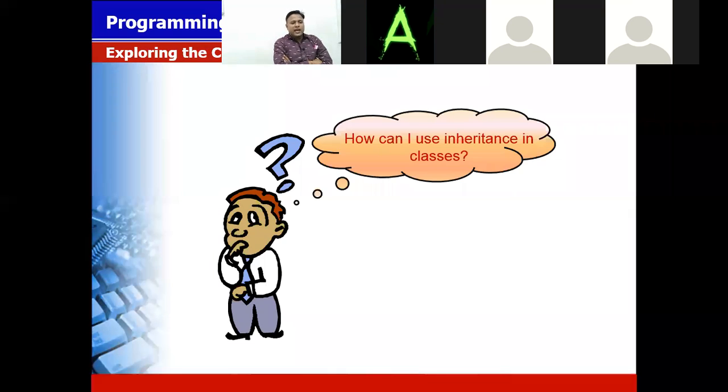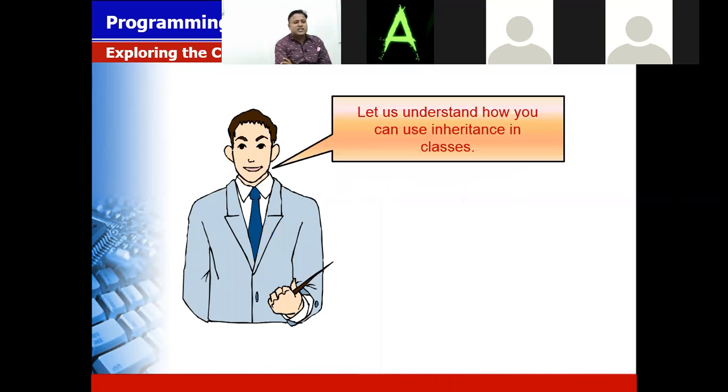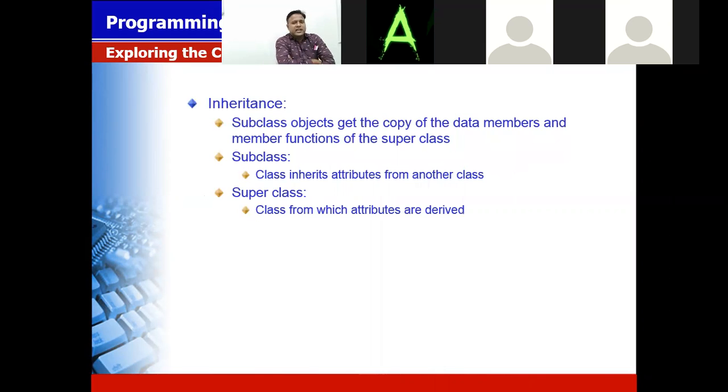Then how can I use this inheritance? So we use the class relationship. This class relationship is implemented in the form of the inheritance concept. So let us understand how you can use this inheritance. Inheritance means a subclass object gets a copy of the data members and member functions of the superclass.